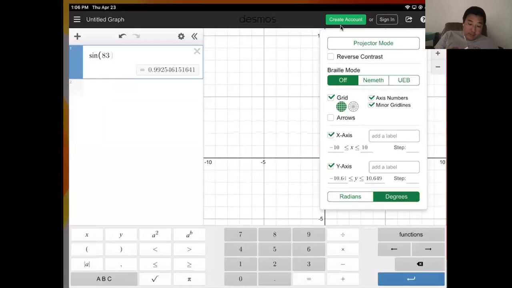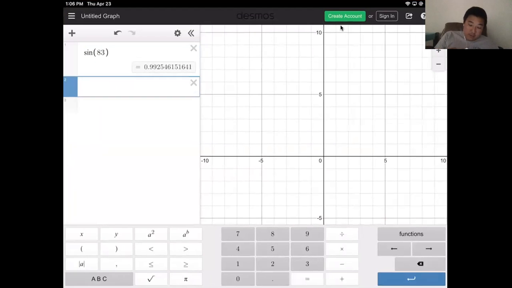You can go to function, tangent, 2. So 0.03.